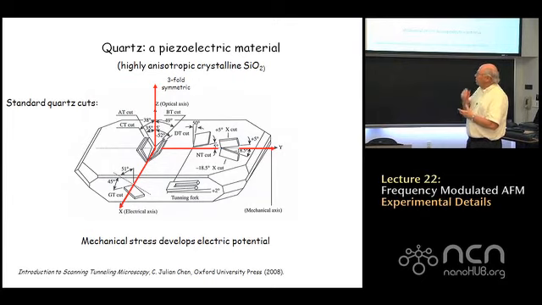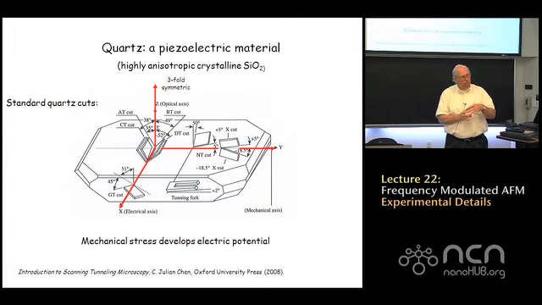So once you know those three crystallographic directions, then you can start to cut quartz wafers from the single crystalline quartz. And the orientation of these various quartz wafers have been optimized for different purposes, right? Depending on the thickness of the slab that you cut, that controls the resonant frequency of the quartz, right?